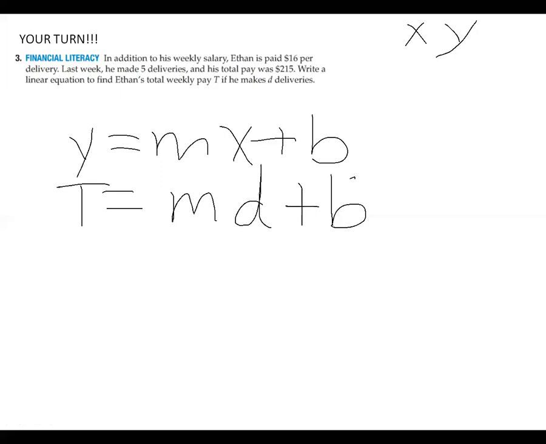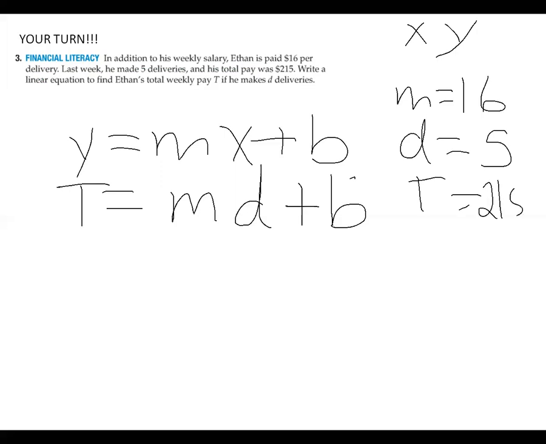So we know that the slope is 16, the deliveries is 5, and the total pay is $215. What didn't they tell us? They didn't tell us his y-intercept, which would be his weekly salary, because it says in addition to his weekly salary, so that's how much he starts with if he doesn't make any deliveries.